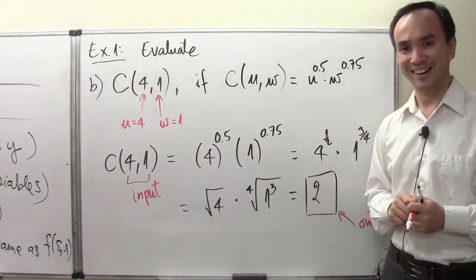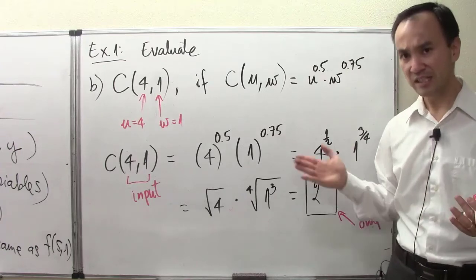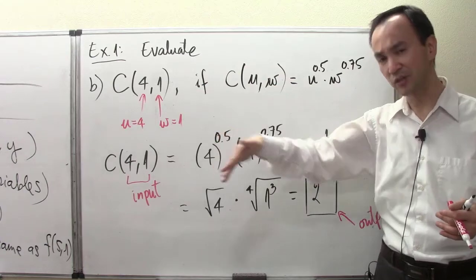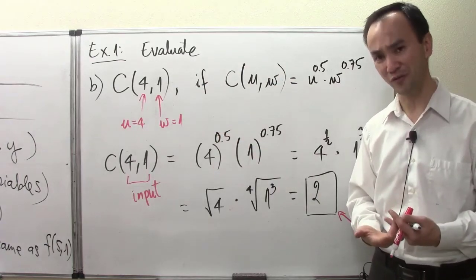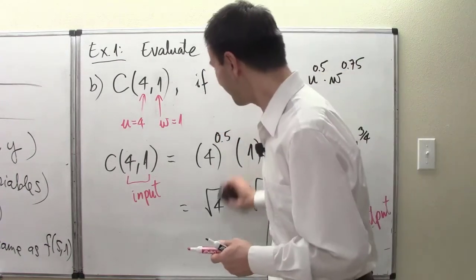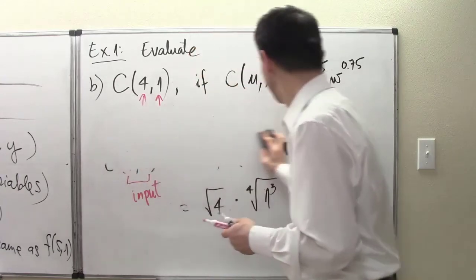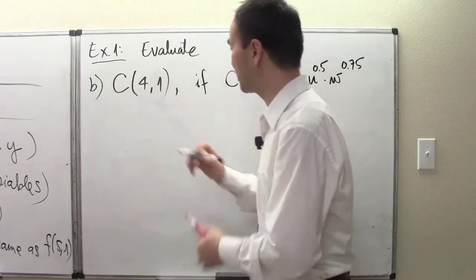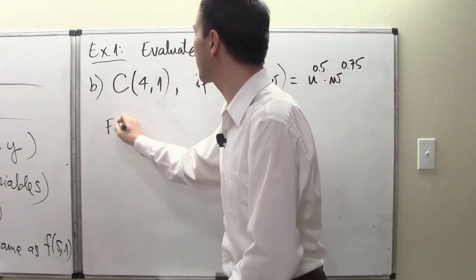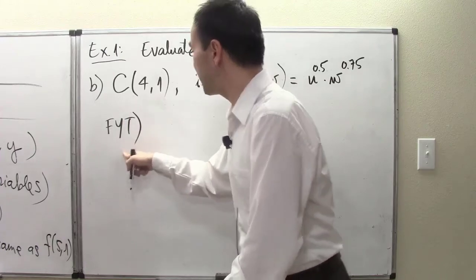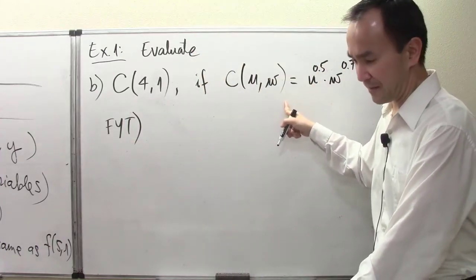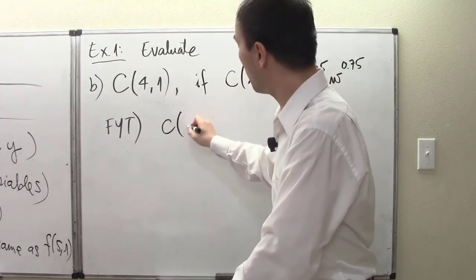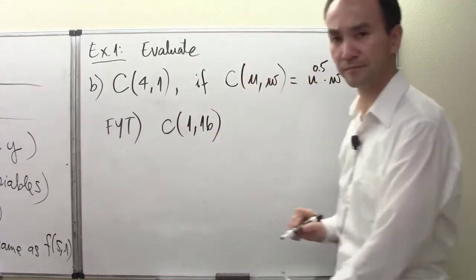All right, and so let's look at another FYT right out of this function right here. I just want anyone learning with me in this lesson to have a chance to practice on your own right there. So how about, as an FYT, right after working with part B, we're still going to take the same function here, but now let's evaluate c at 1, 16.